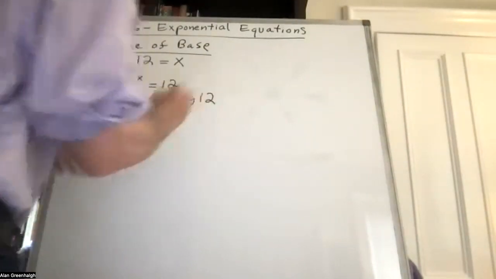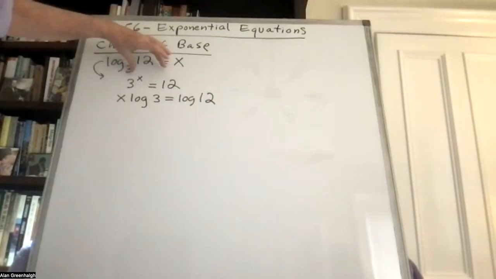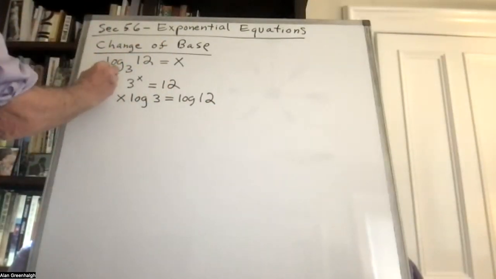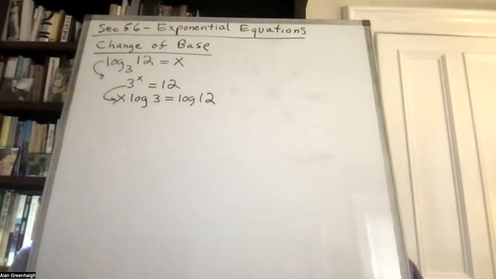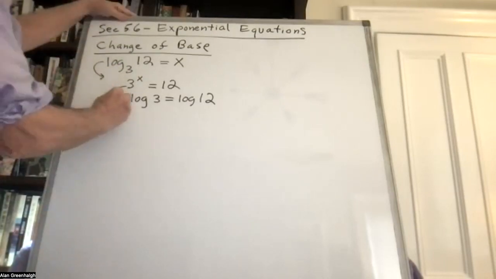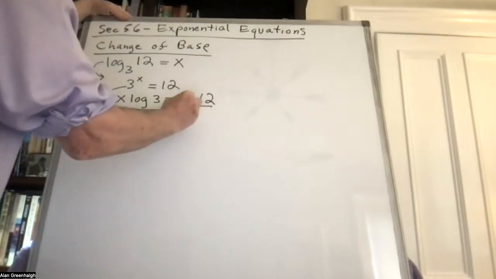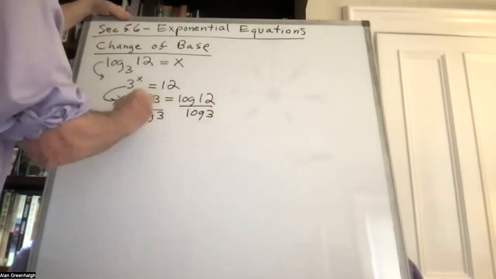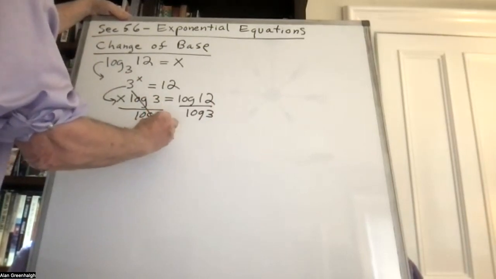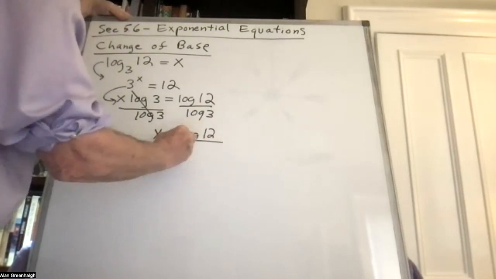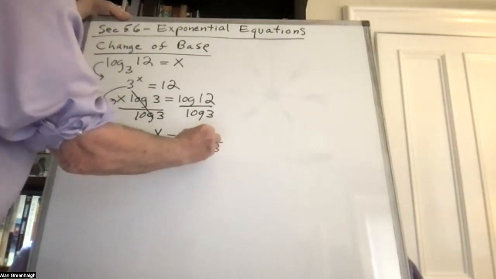In other words, you're taking the logarithm of both sides of the equation. So this becomes this. And then at this point, you would divide both sides of the equation by the log of 3. And x will be equal to the log of 12 divided by the log of 3.